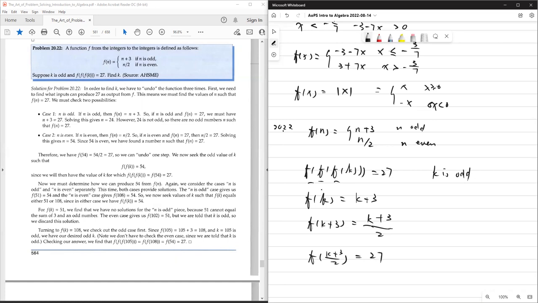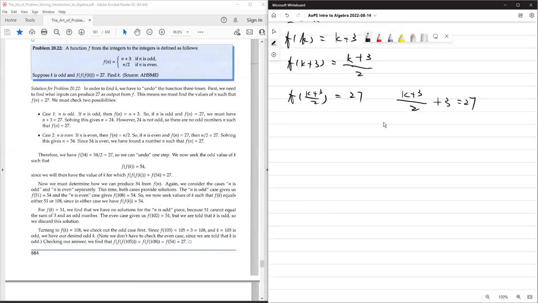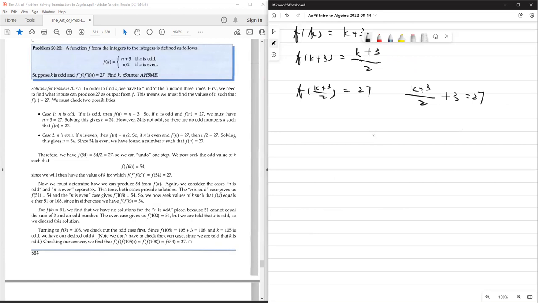If (k + 3)/2 is odd, then we have (k + 3)/2 + 3 equals 27. If (k + 3)/2 is even, then we have (k + 3)/4 equals 27. So there we have two cases.